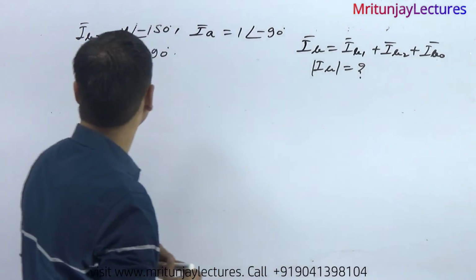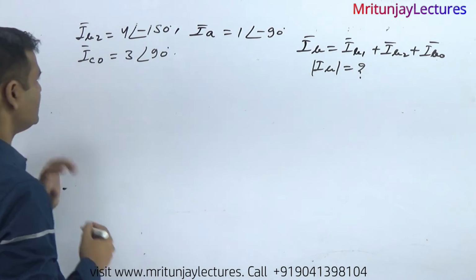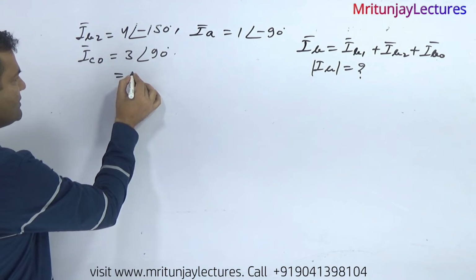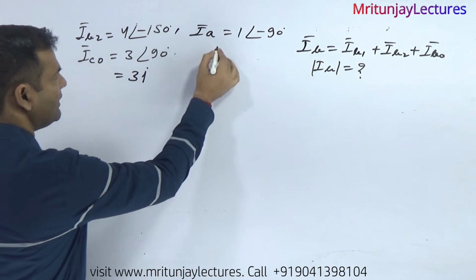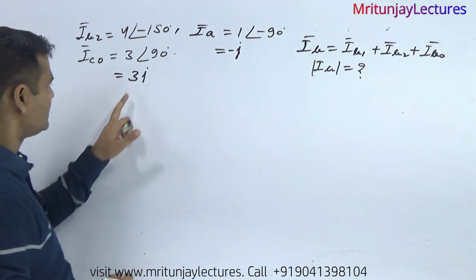Look at the question: IB2 is given, IA is given, IC0 is given. This one is also written as 3j, and this one is also written as -j; 3 at the angle 90 degrees is written like this.